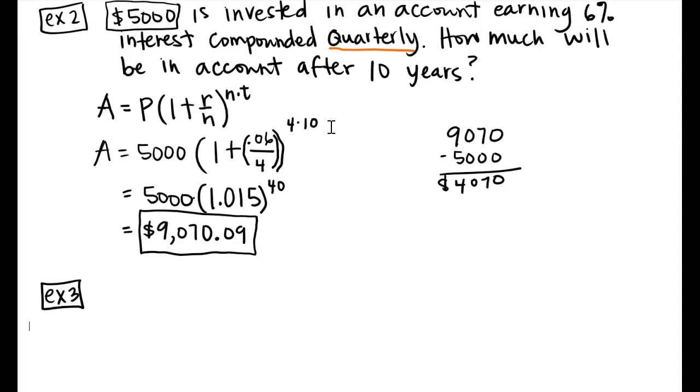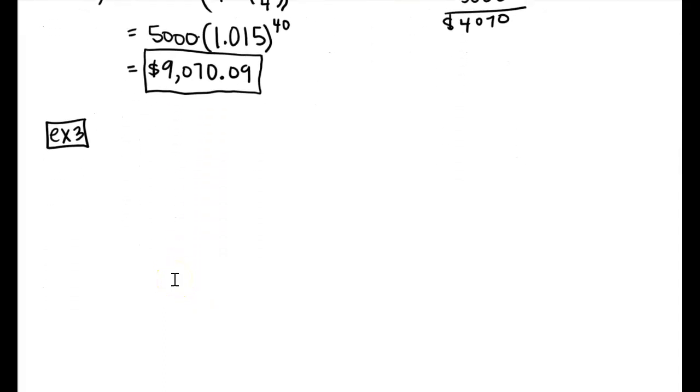In this one you're gaining interest because you started with 5,000, now you have 9,000, so you've increased $4,000. But this next one is where you're going to be paying interest instead. The answer in the end is still how much you're going to pay. So let's try this one. I think it'll help clarify, I hope.